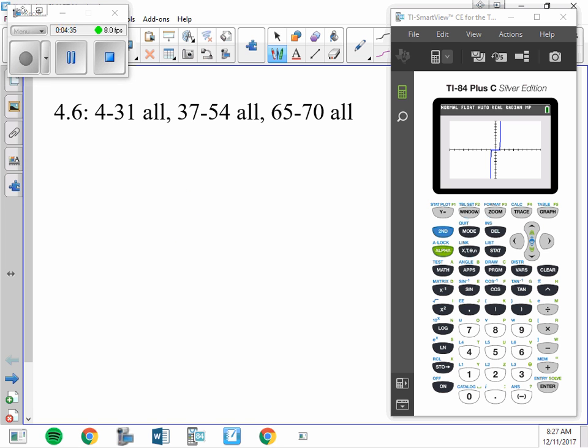In the book, it's going to ask you to multiply some complex numbers by their conjugates. So if I had 5 minus 2i, and I multiply it by its conjugate, what would the conjugate be? 5 plus 2i. Okay.